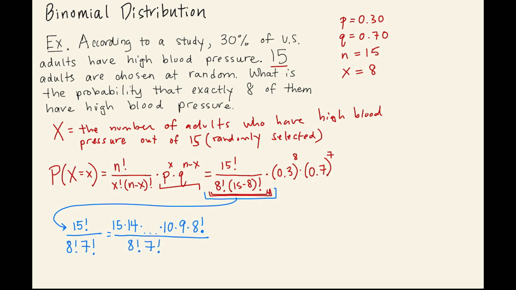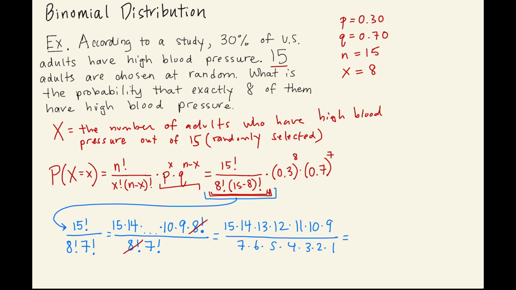And I'm just going to cancel the two 8 factorials. So that's one way to simplify expressions involving large factorials. That leaves me with 15 times 14 times 13 times 12 times 11 times 10 times 9. And in the denominator, I have 7 times 6 times 5 times 4 times 3 times 2 times 1.